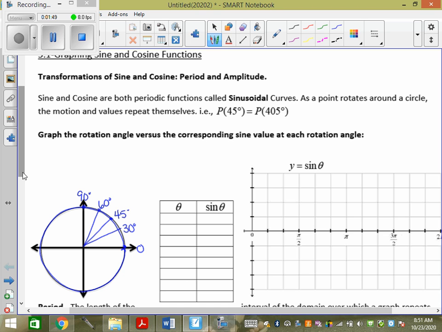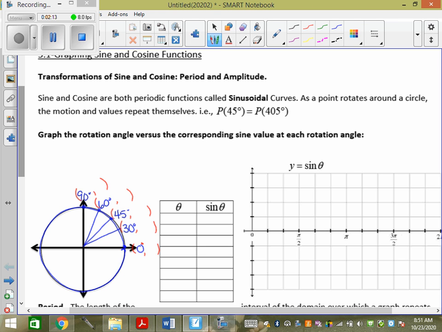So for the sine graph, these are all my x values, and we're going to take the radian measure, but I'm just going to show you it in degrees anyways for now. I can get the coordinate of a sine graph right off of the unit circle. The degree or the radian measure is your x, and the y is your sine.